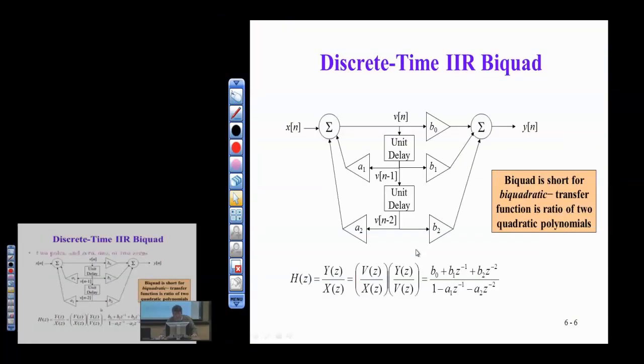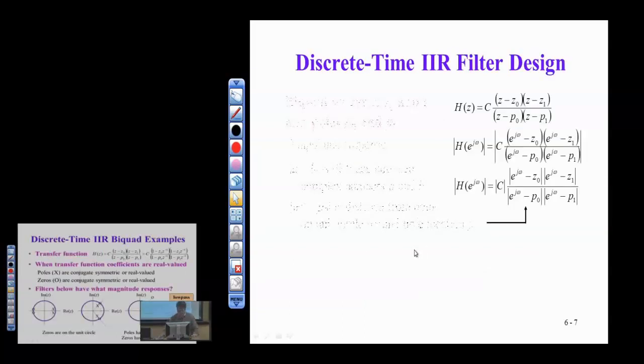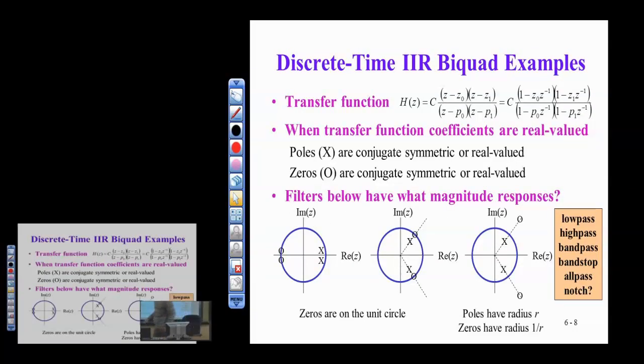We were doing biquads somewhere in here. It was on this slide. The annotations are gone at this point, but it was lecture 6 part 2, and what we had looked at was, here's my z-plane, and I wanted a bandpass filter.